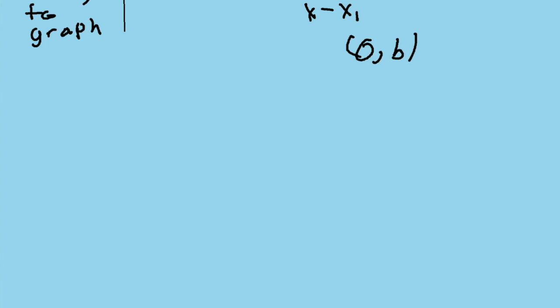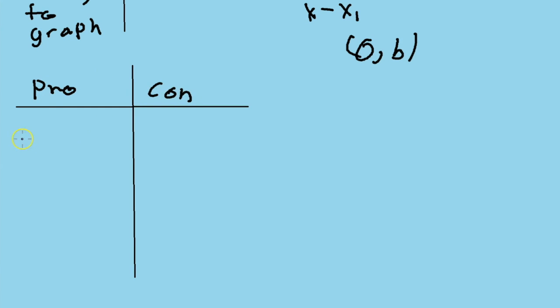Standard form, let me make a little graph, is this: ax plus by equals c. The a, the b, and the c don't stand for anything in particular. They don't stand for the slope, the y-intercept, or the x-intercept, they're just integers. So, that being said, you can write a vertical line in standard form.